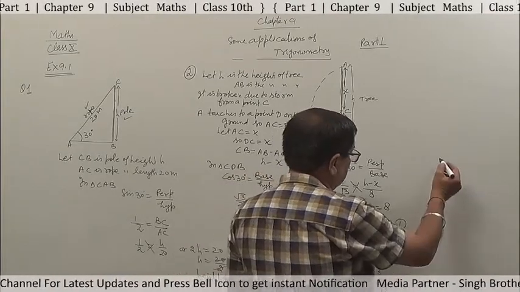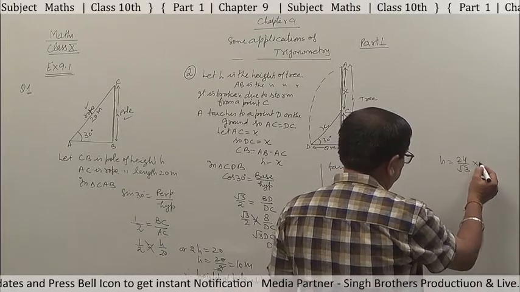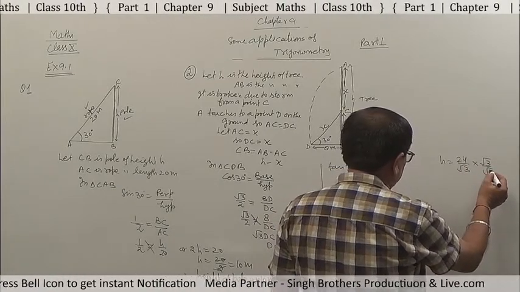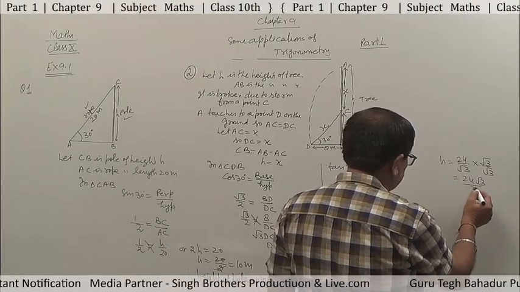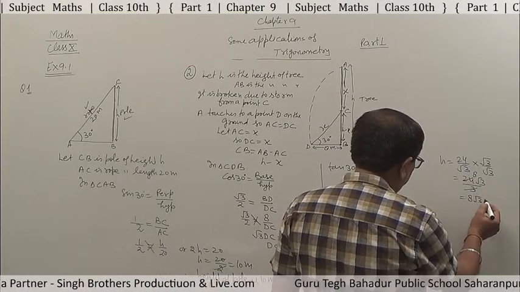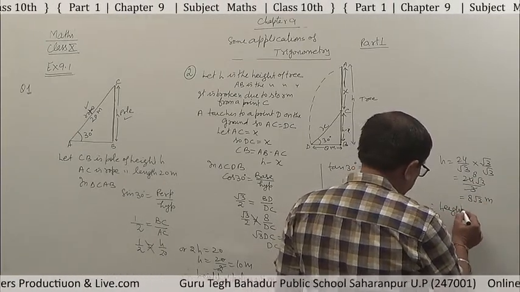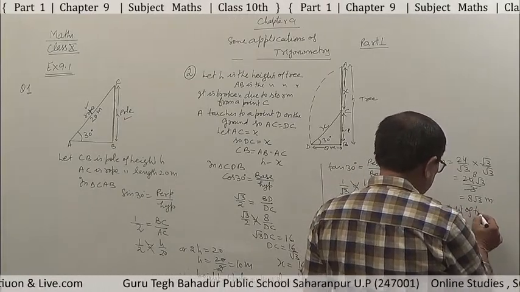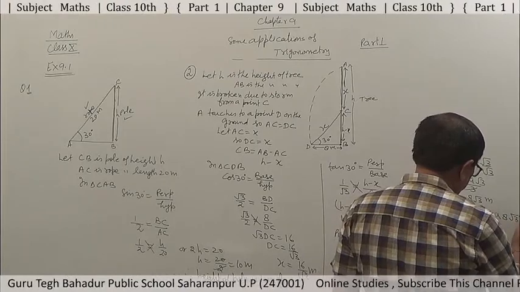It becomes 24 upon root 3. Multiply and divide by root 3. So 24 root 3 upon 3, that is 8 root 3 meter. Therefore, height of tree is 8 root 3 meter.